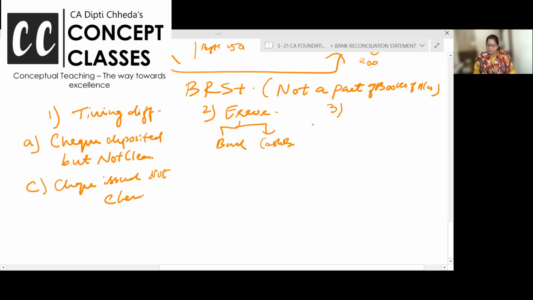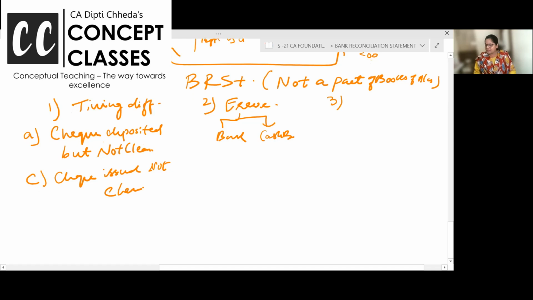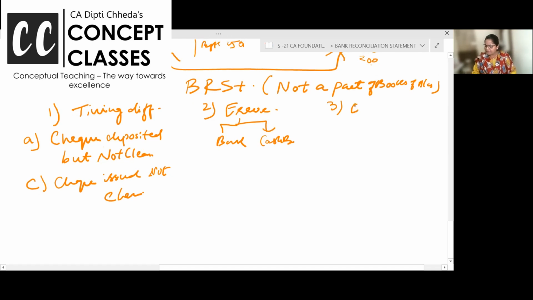The third reason for the difference, after timing difference and error, is entries recorded by the bank directly. You know, we give standing instructions to the bank every month, pay my electricity bill. तो चले जाता है. Electricity bill is going off.